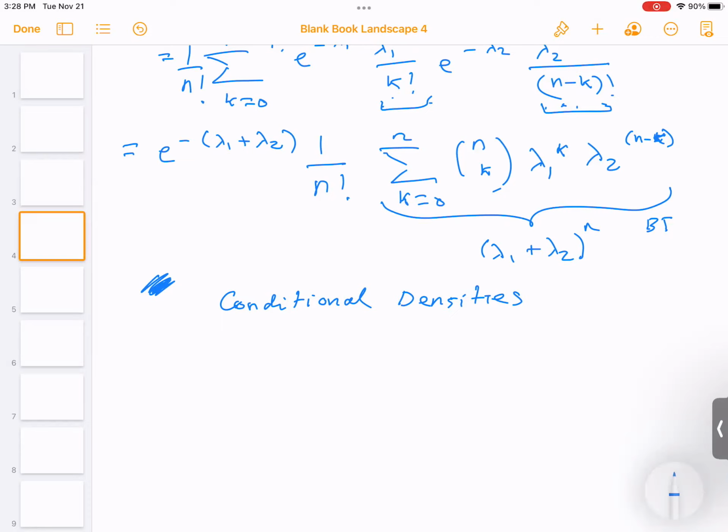So you'll see. We need a definition. So, definition: let X and Y be jointly continuous RVs with PDF f x y.